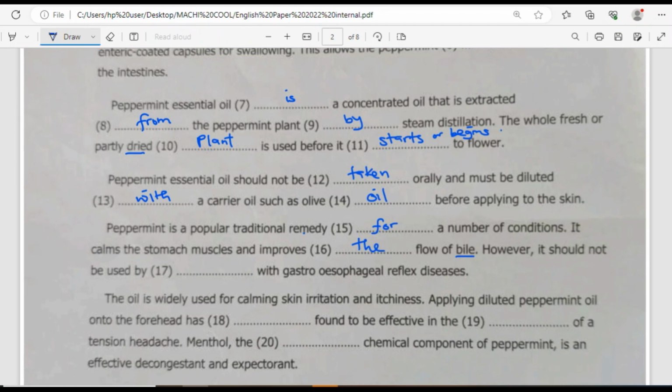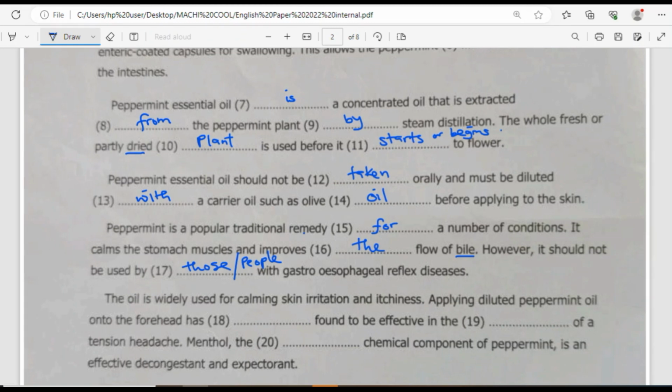And then, what answer is supposed to be here on 17? It should not be used by those with, or you can say people with. And then we can move.